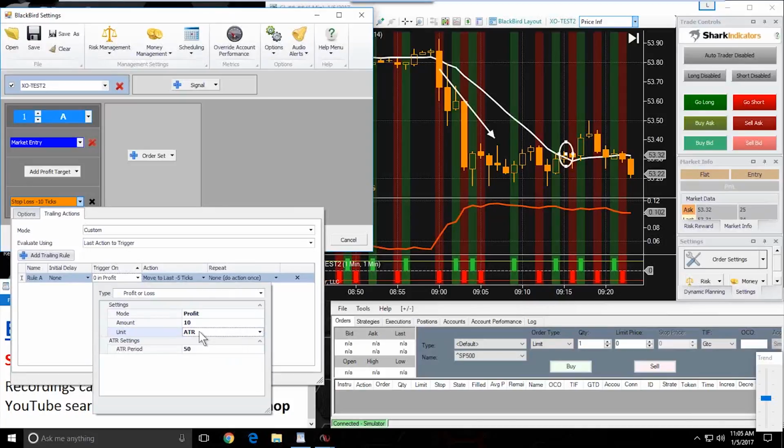You could even look for an ATR as well. Let's say we could look for 0.1 ATR in profit.